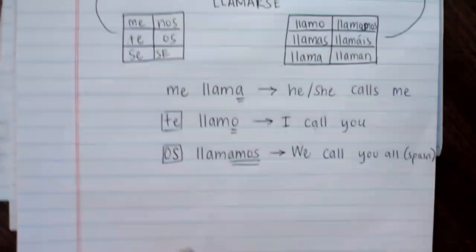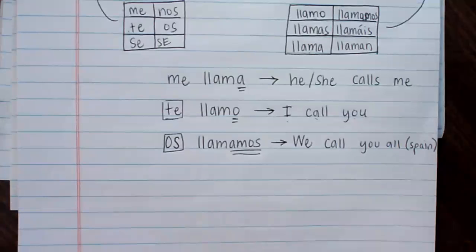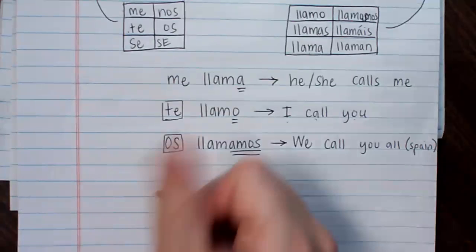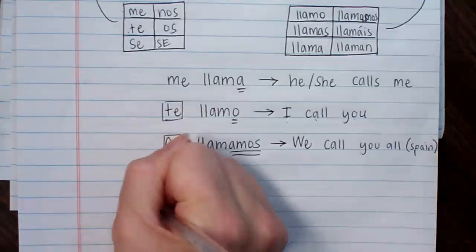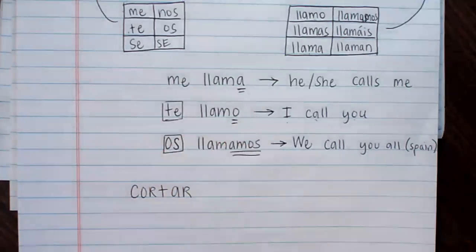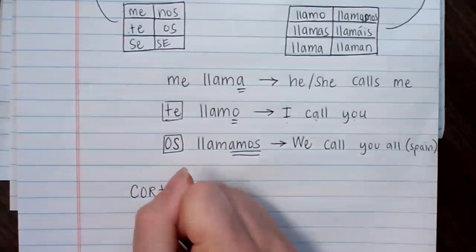And something else that you can do when you're doing this is that you can basically take normal verbs and you can make them reflexive. So like the verb cortar is to cut.